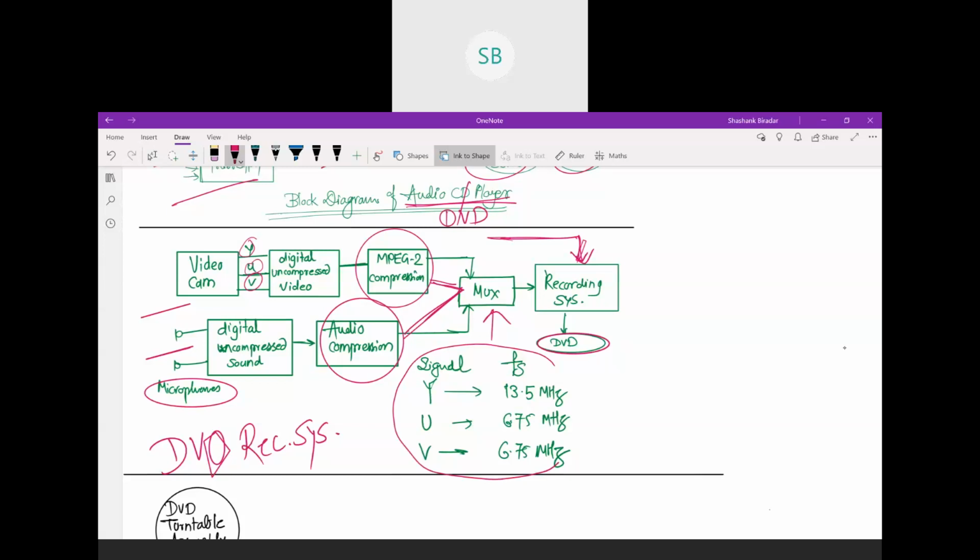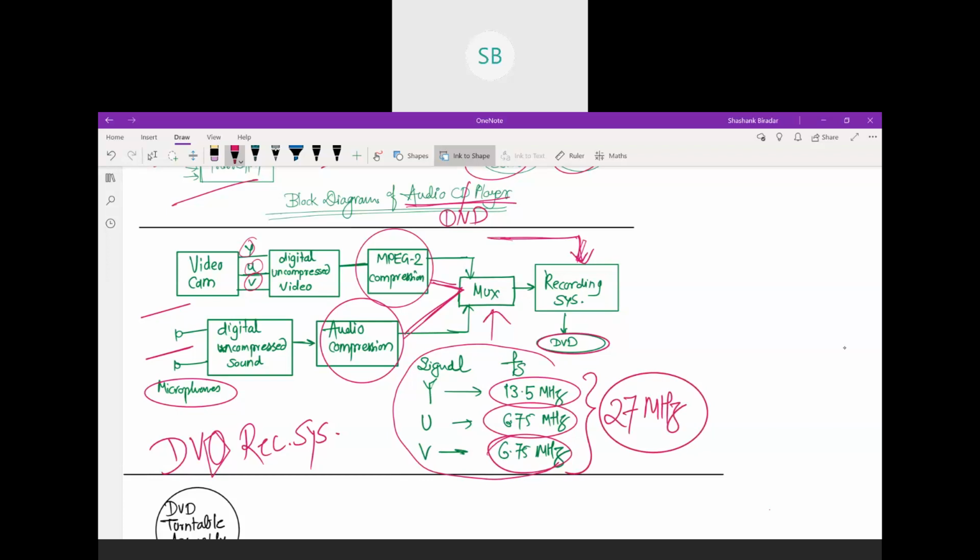The sampling frequency requirements for luminance and color difference signals were 13.5 megahertz, 6.75 megahertz and 6.75 megahertz respectively for the YUV channels. If you sum them up, it goes up to 27 megahertz, which we have seen in the second unit.